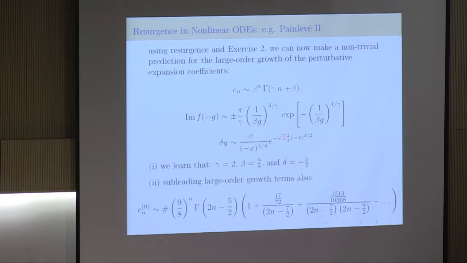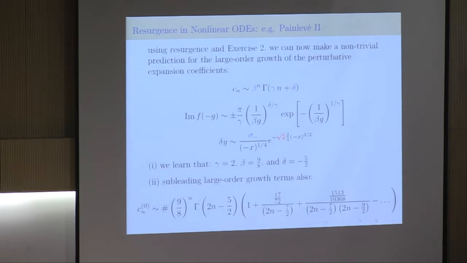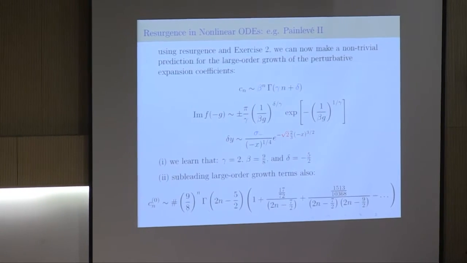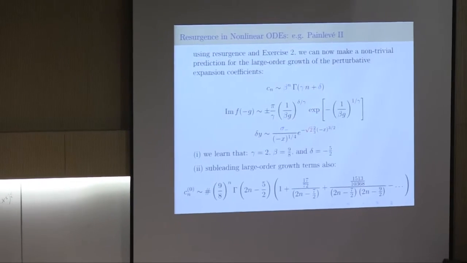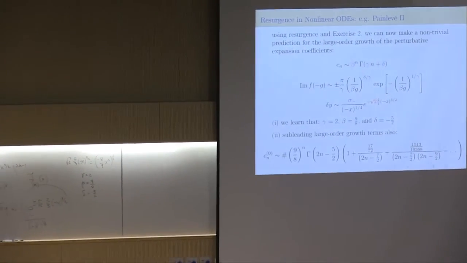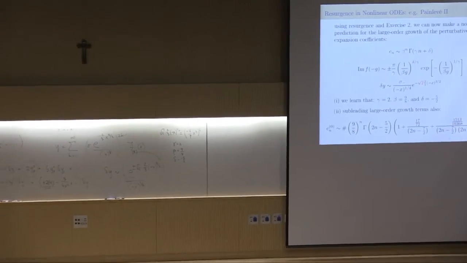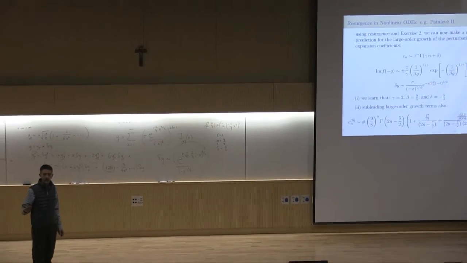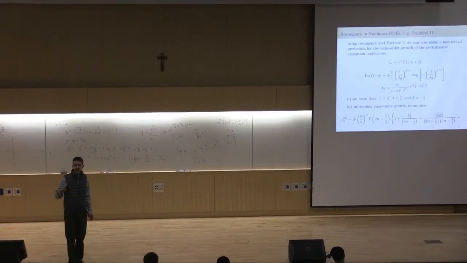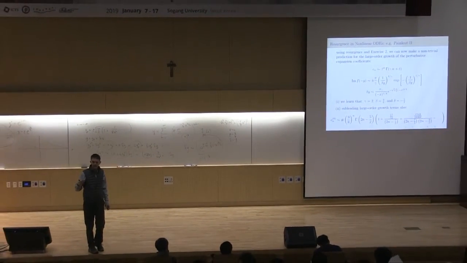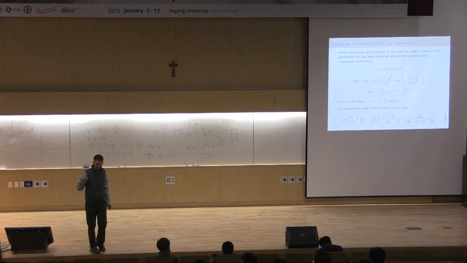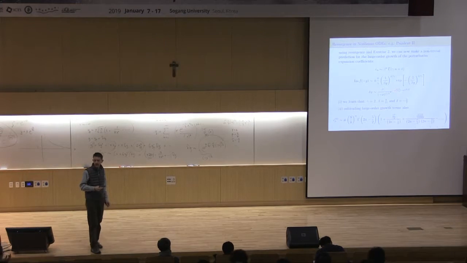So this is actually quite impressive. From just a simple scaling argument of this exponentially small next contribution, which is a more or less one-line calculation from the differential equation, you can make a prediction for the leading and then subleading growth of the perturbative asymptotic expansion.